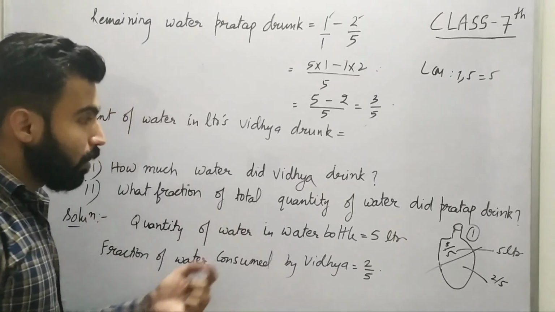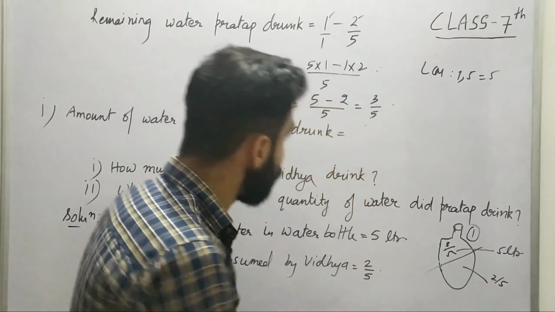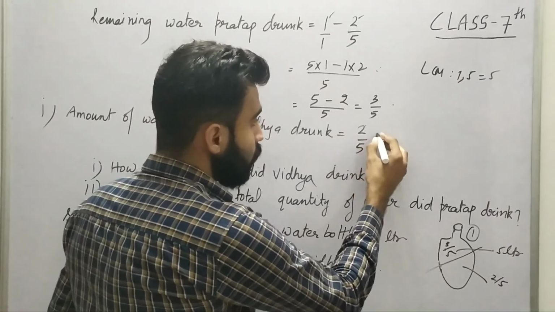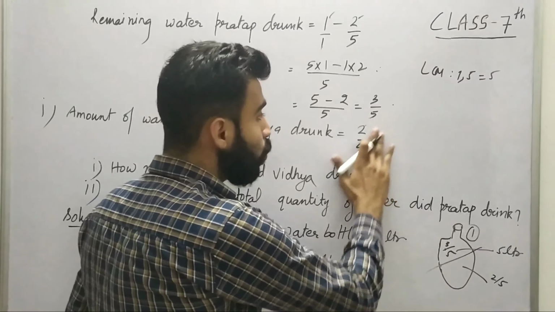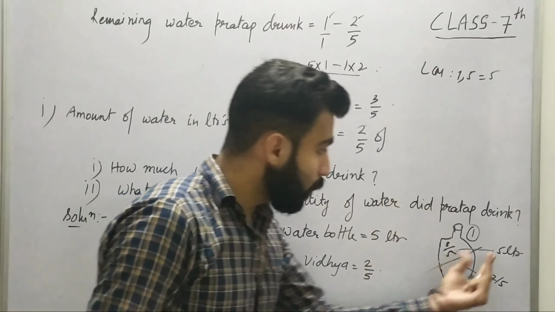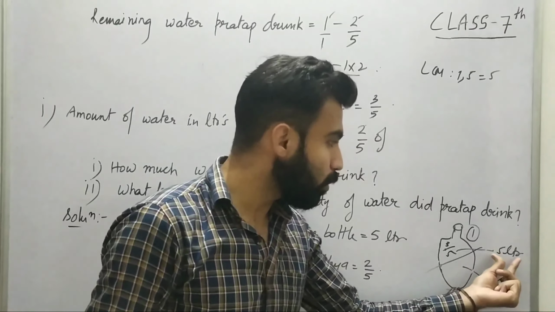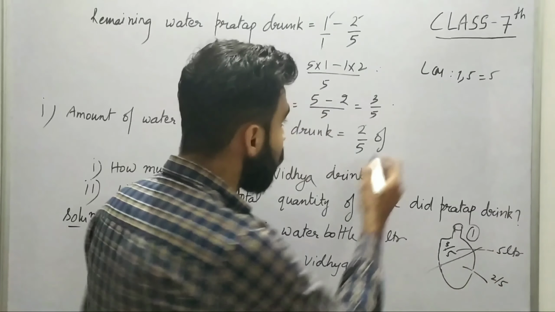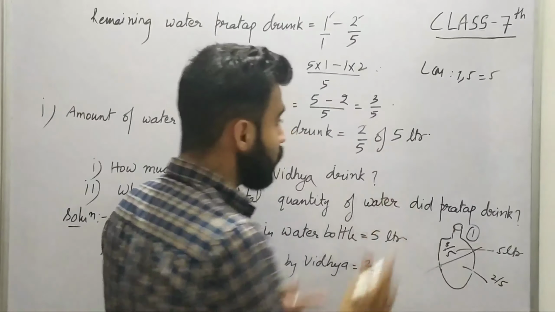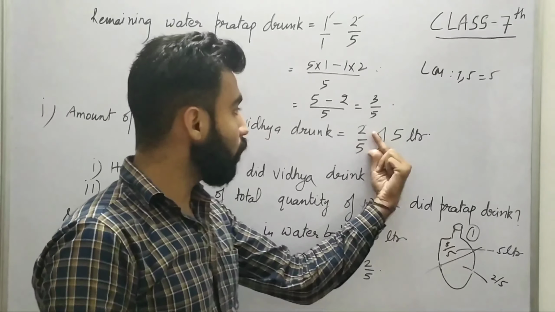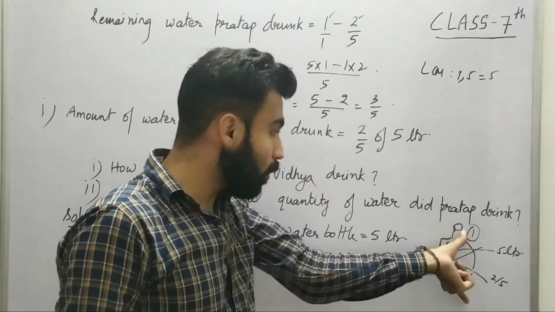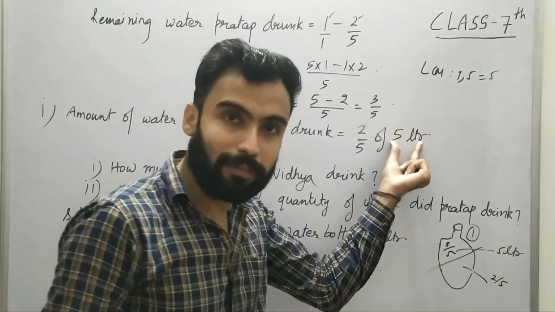So you can see the fraction of Vidya was 2 by 5. Now Vidya drank 2 by 5 of the total quantity in the bottle. So what was the total quantity of water in the bottle? That is 5 liters. So you can see here that Vidya drank 2 by 5 portion of the whole quantity of water in the bottle, that is 5 liters.